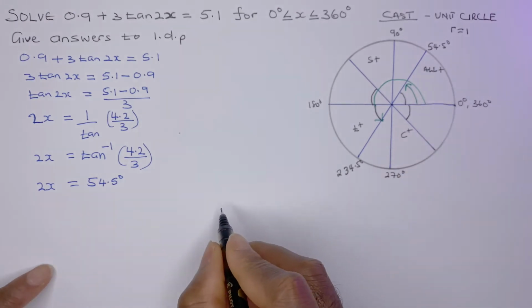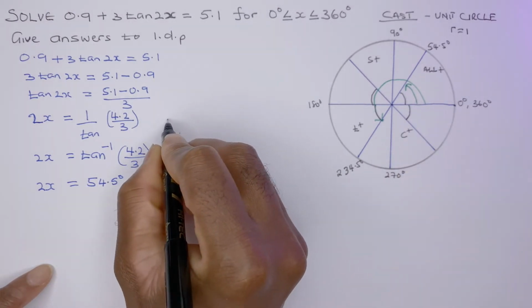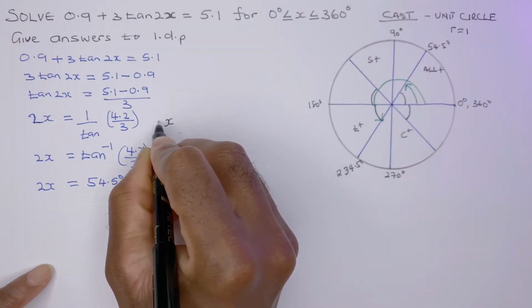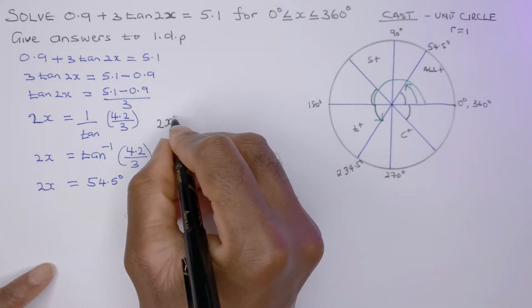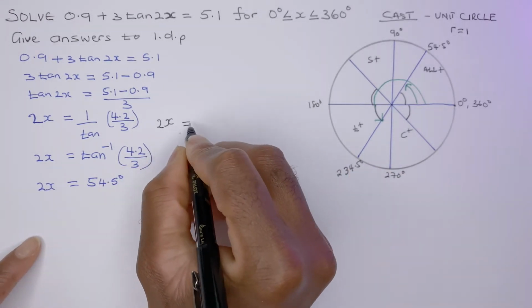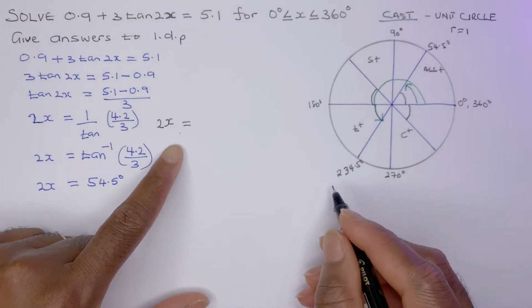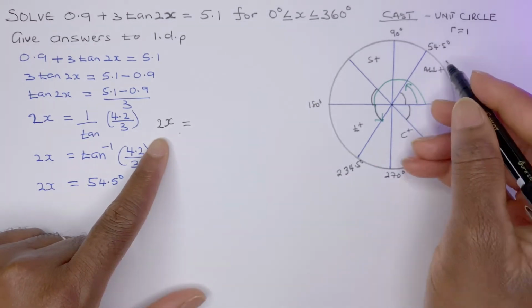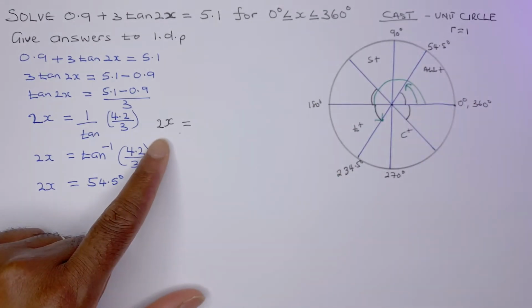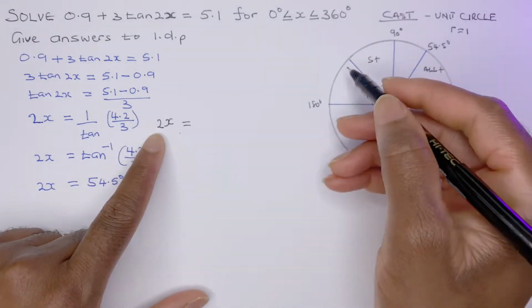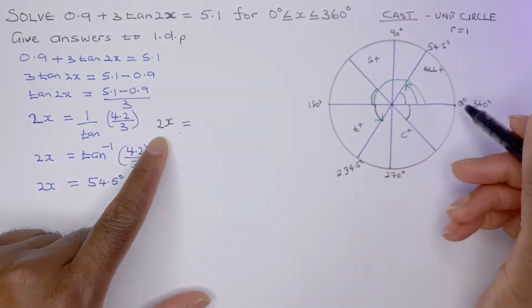For the x value, this is for 2x, by the way, because 2x means you have to go around twice, not just once. If it's 3x, we go 3 times. If it's 4x, we go 4 times.